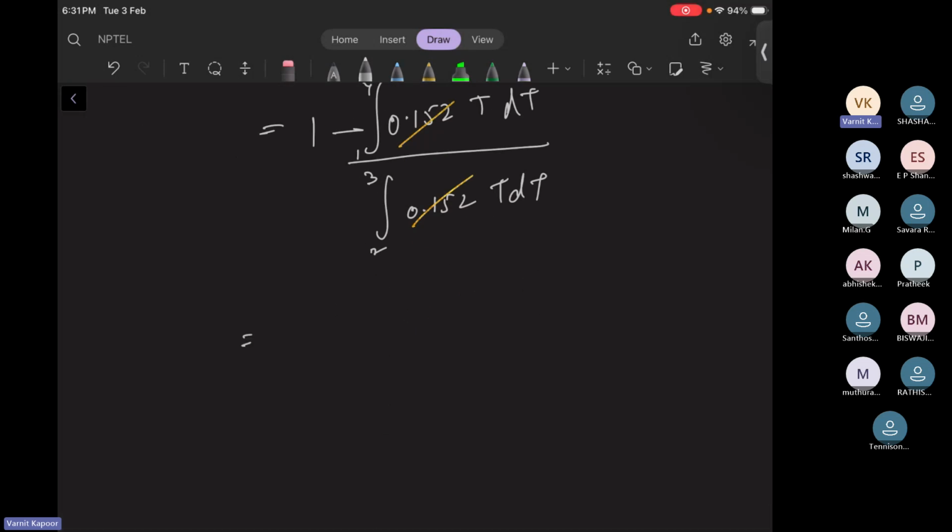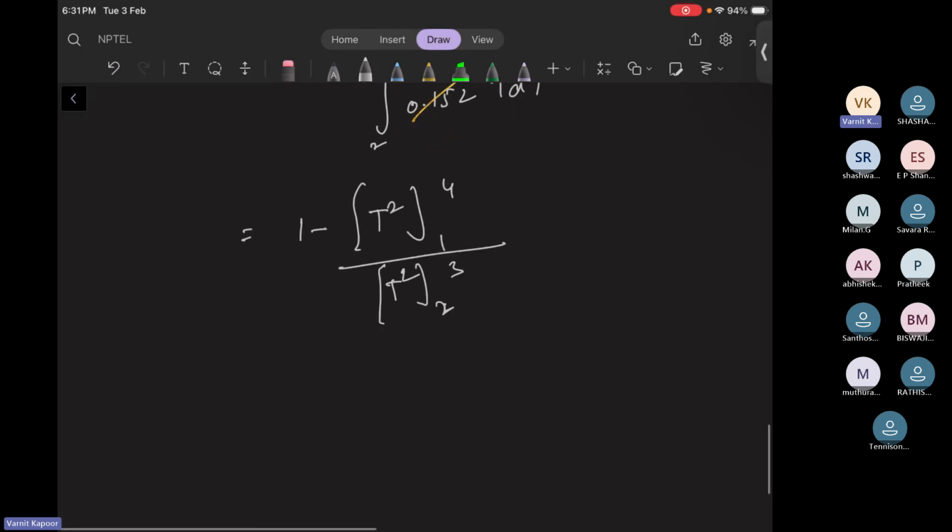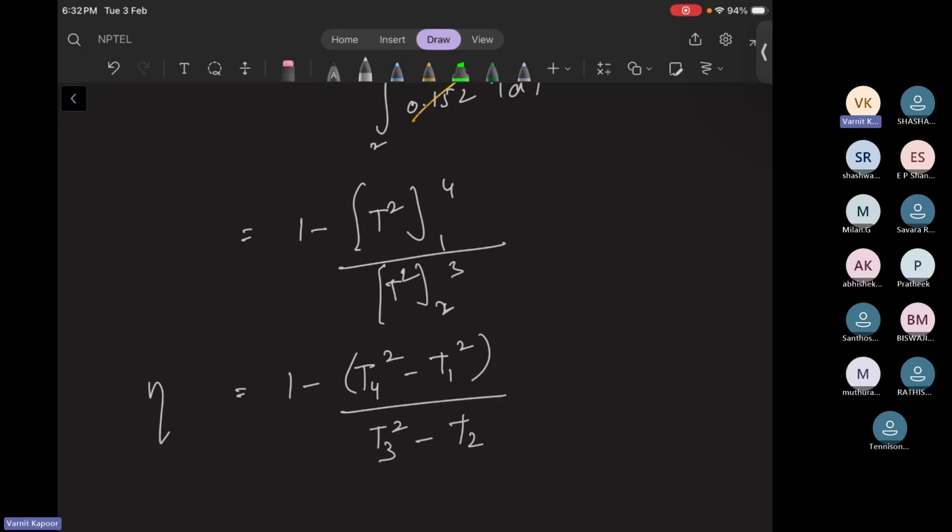So this will be 1 minus, what is the integration of T dT? It will be T square, from 1 to 4, and T square from 2 to 3. So efficiency will be 1 minus T4 square minus T1 square, over T3 square minus T2 square.